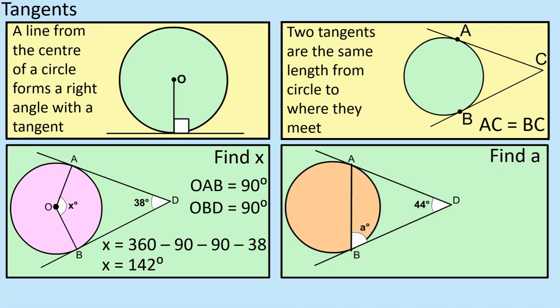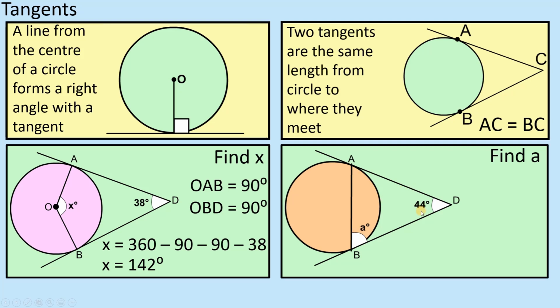Right, so here we go. Find a. I mentioned it about forming a specific shape, when I was talking about this one. Well, these two are both the same length. It's going to form an isosceles triangle. So if I put a little dash there and a little dash there, which represents it being isosceles, then these two angles over here would both be the same.